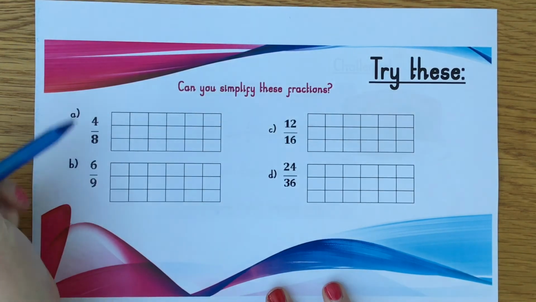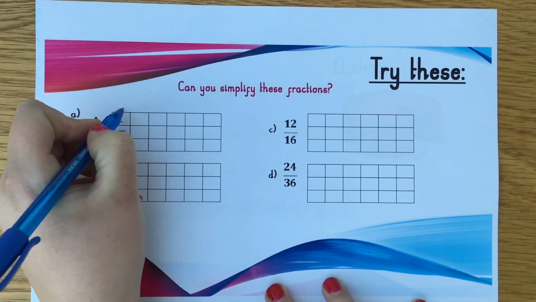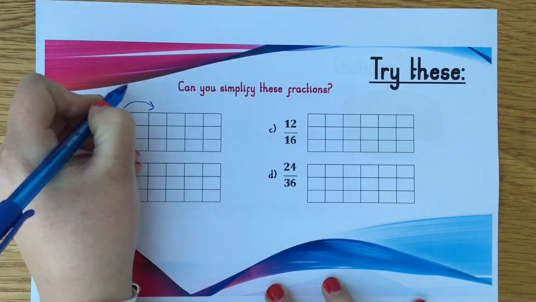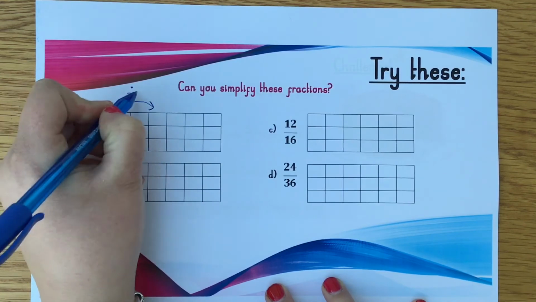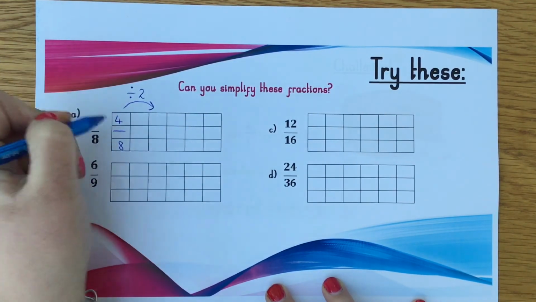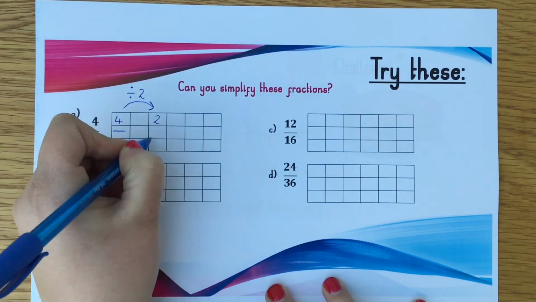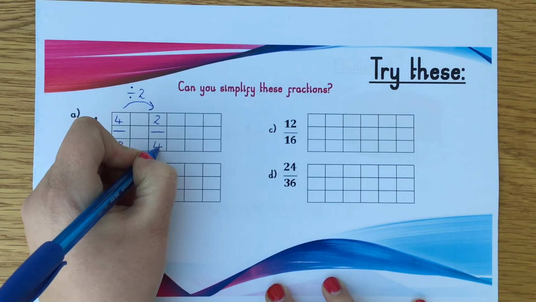So, 4/8. Okay, hopefully you recognised that both of those numbers, the numerator and the denominator, can be divided by 2 equally. So 4 divided by 2 is 2. 8 divided by 2 is 4.